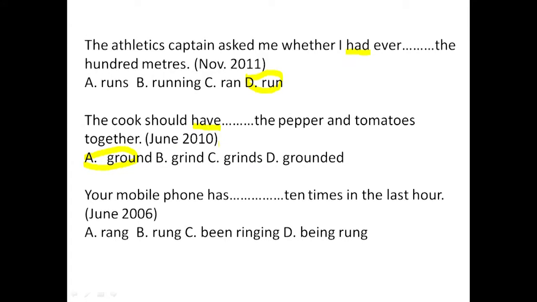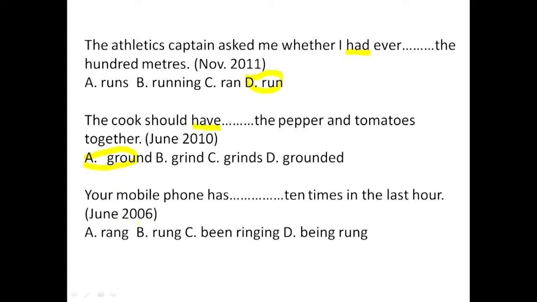Grind is present tense, so how could we use have with it? It is wrong. C, grinds, is present tense and third person singular, so we are not to use have with it. And D, grounded, I have given the meaning of grounded. So the answer is option A.